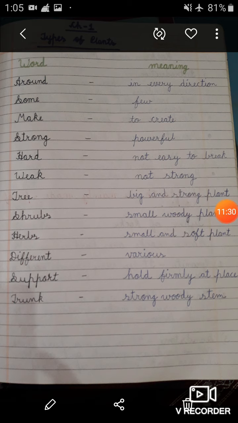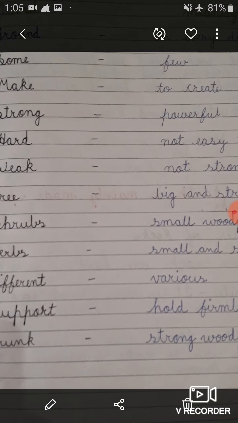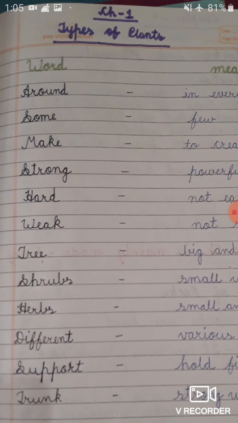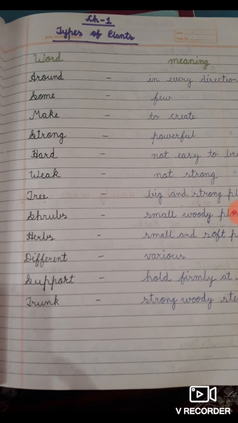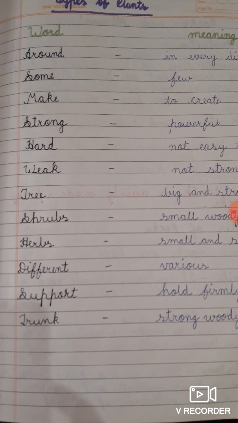First of all, you have to mention the name of the chapter. First you have to write chapter number, chapter 1. Then you have to write the name of the chapter, that is types of plants, and then you have to make 2 columns.